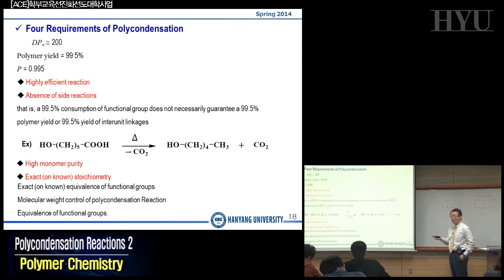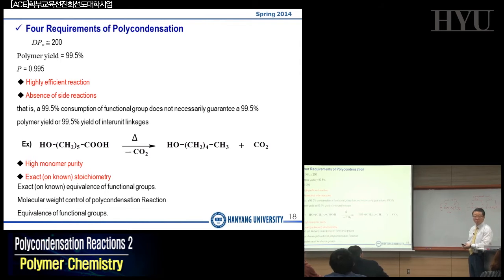If this monomer participates in the polymerization reaction, your hydroxyl will attack your carbonyl, so you lose water as a condensate or byproduct, and it becomes polyester, right? But if you heat it up, you may lose the CO2 here, so that you come up with a monomer containing one hydroxyl group instead of participating in the polymerization system. And this is regarded as a side reaction.